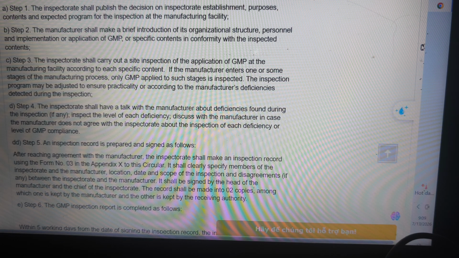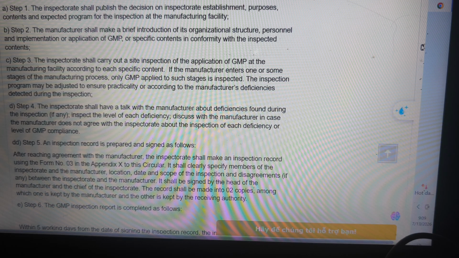Step 5. An inspection record is prepared and signed as follows. After reaching agreement between manufacturers and inspectorate, submit an inspection record using form number 3 in Appendix 10 to this circular.